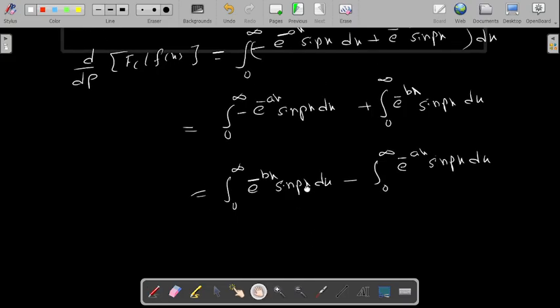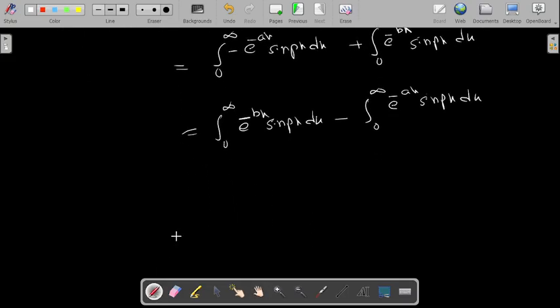So now the integral formula: integral 0 to infinity e power minus ax sin bx dx. What is this formula?